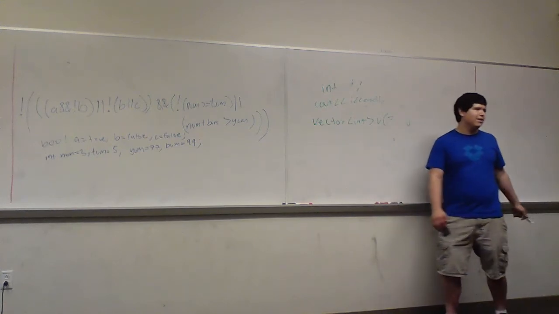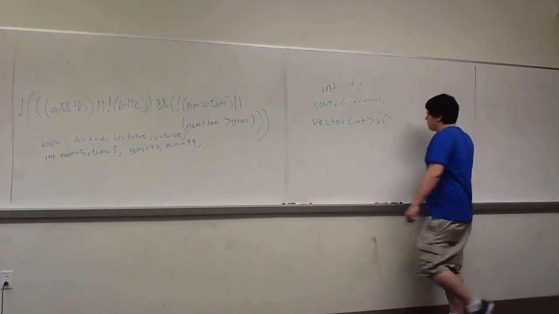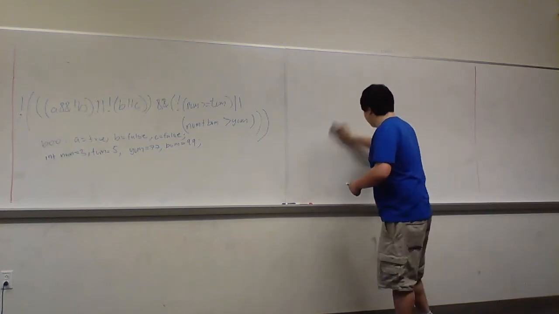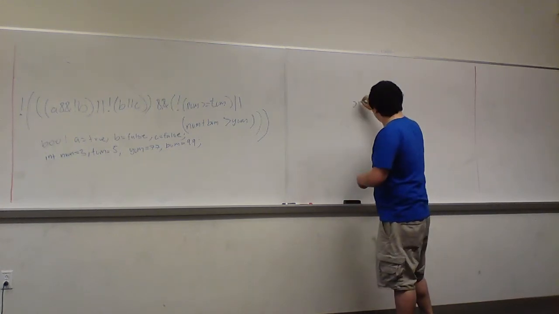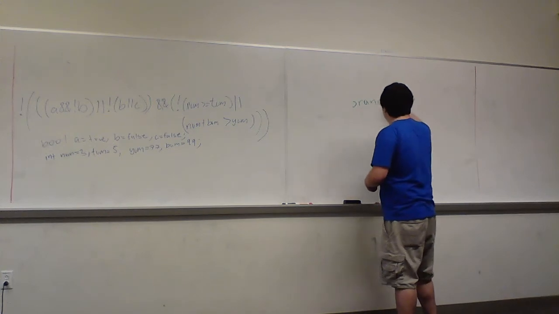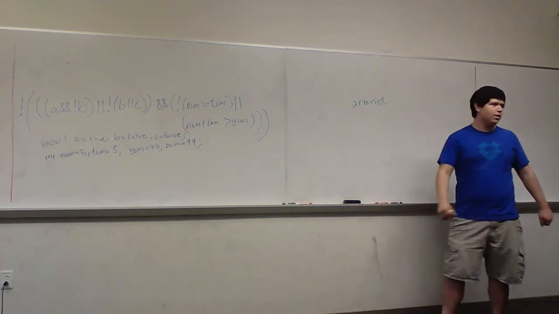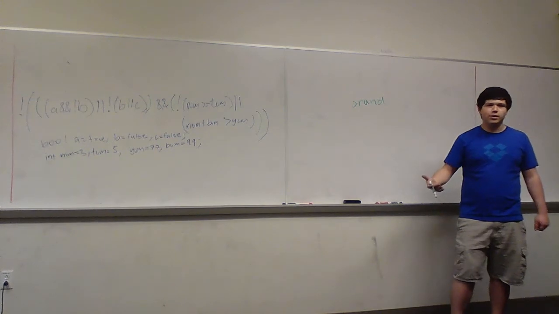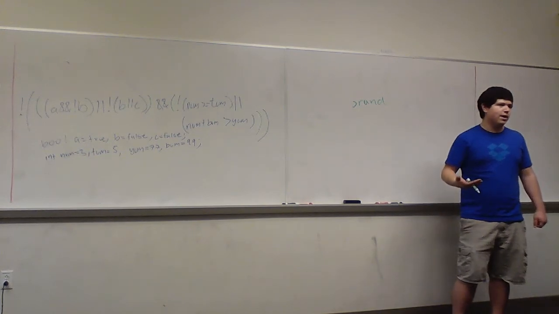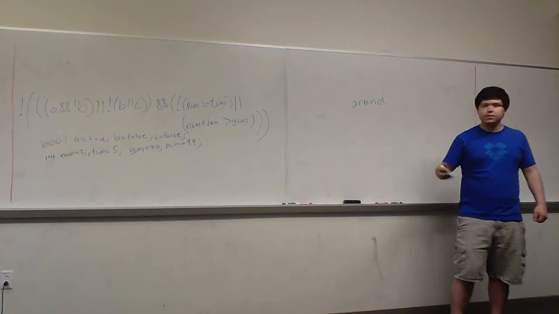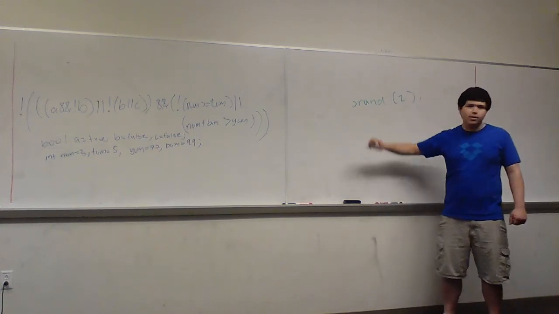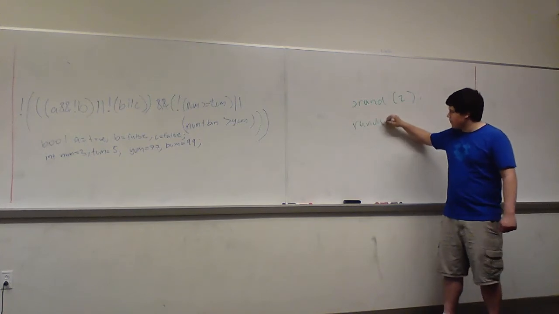Can you explain what exactly SRAND does? SRAND takes in some integer. What does SRAND stand for first of all? Yeah, it's seed rand. It's going to seed the random number generator, so that every time I seed it with a different value, it's going to give me a different list of values. So if I seed it with the value 2, rand is going to give me a value.